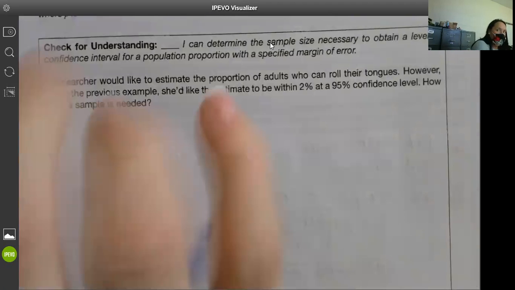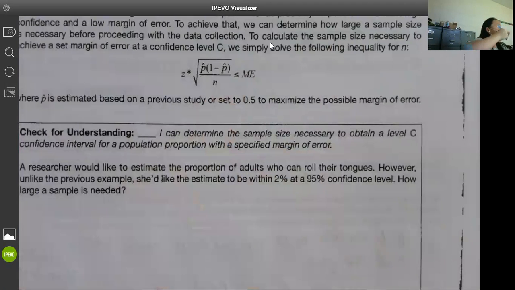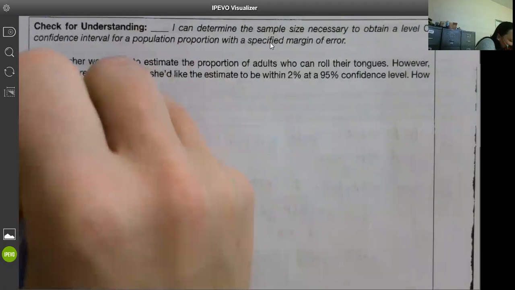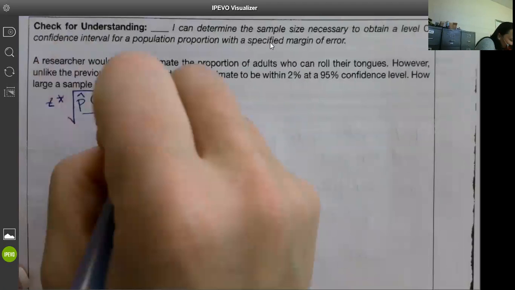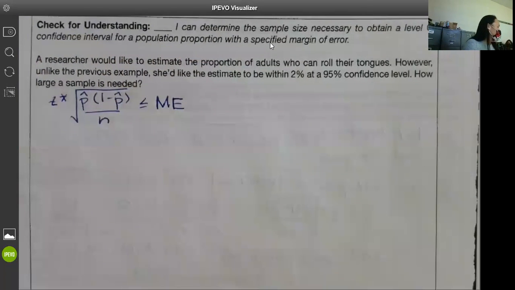So here's our formula up here. Remember, the only way it changes is when we get to means, like this, it's the same formula, guys. Just when we get to means, this part changes, okay? So Z star times the square root of P hat (1 minus P hat) over N has to be less than or equal to the margin of error. What is our Z star for 95%?